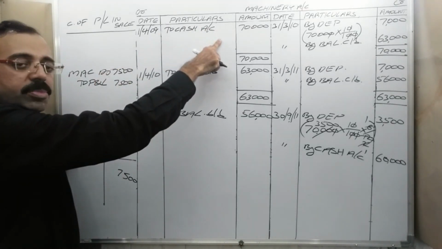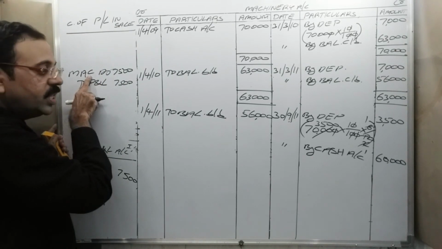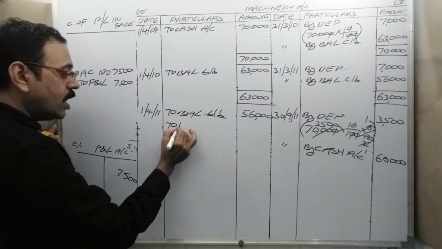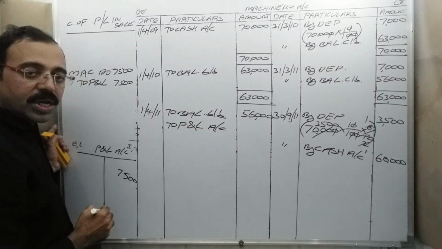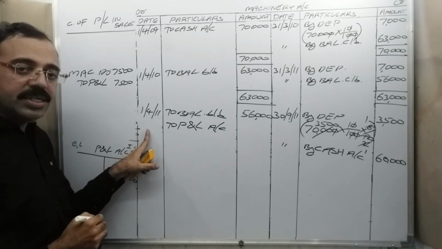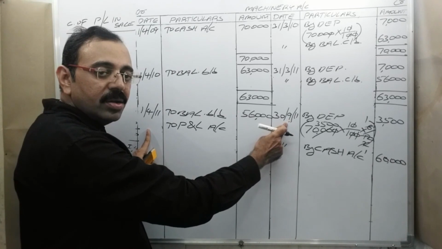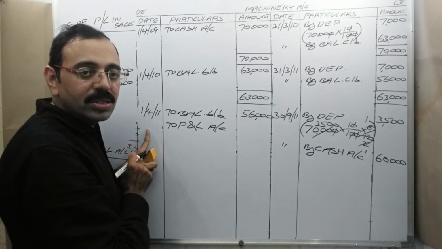Now we are preparing machinery account. In journal entry, machinery is debited, no. Therefore, debit side we have to post. What to write? Other side, account name, profit and loss account. And what should be the date? When we sold that asset? On 30 September 11. When we sell that asset, on that day only we get profit or loss.